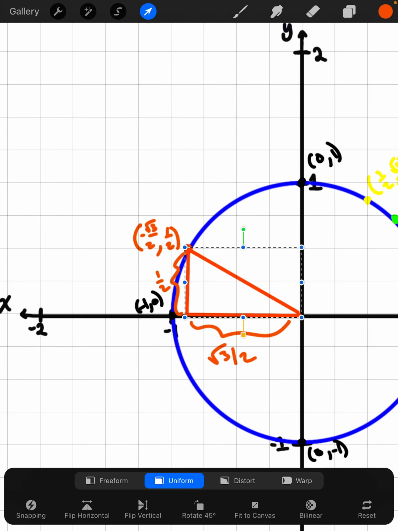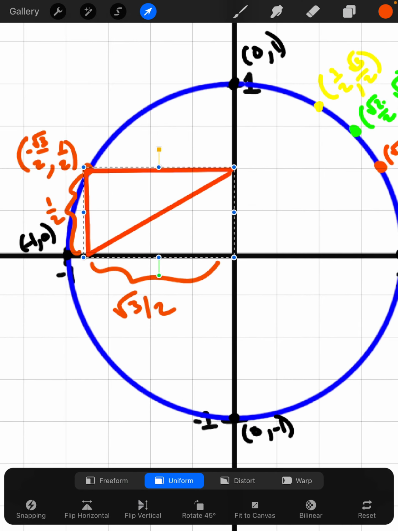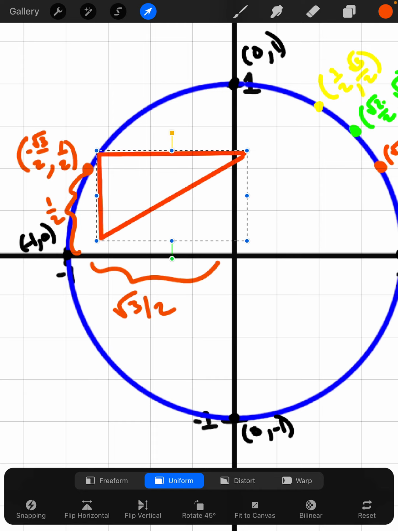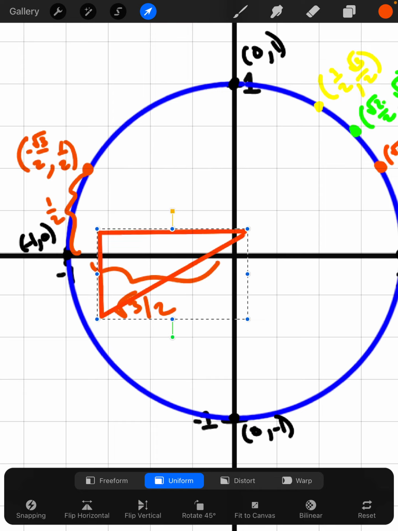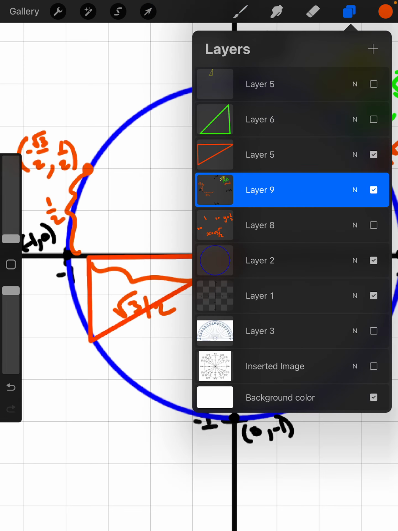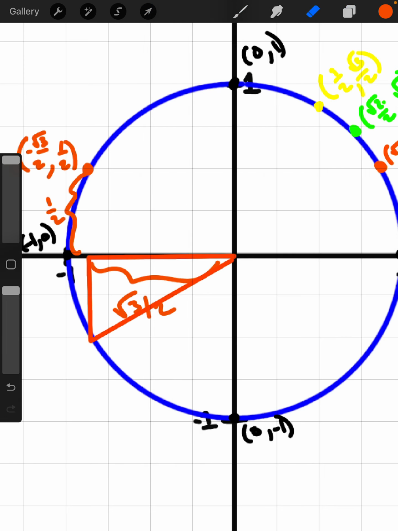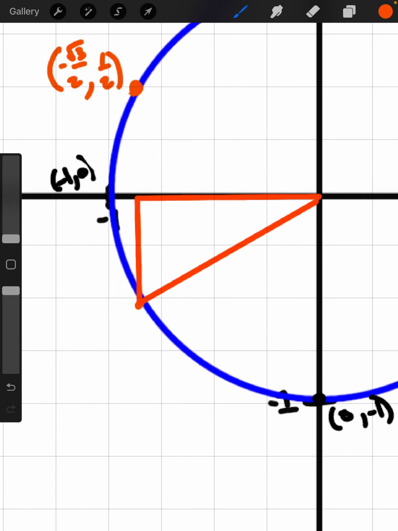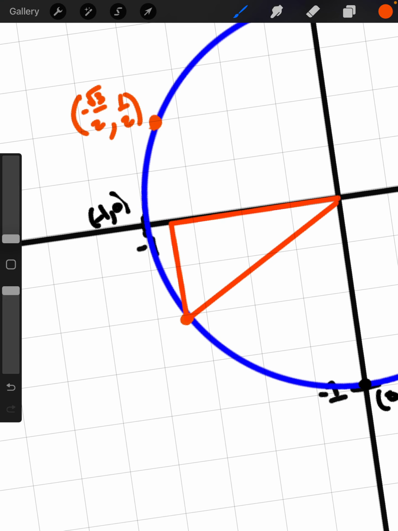All right, and then I'm going to take my same exact triangle, and I'm going to creatively rotate it again, and I'm going to drag it down into this quadrant. And I need to go back and erase some things. There we go. Get rid of that. So now I can come down here, plot a point on the circumference of the circle, and write the coordinates for it.